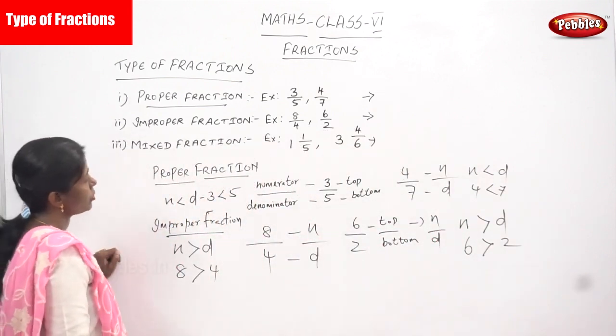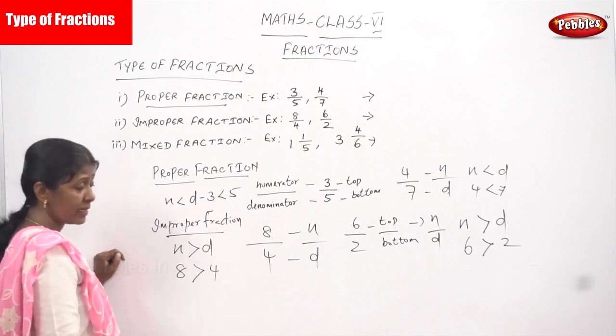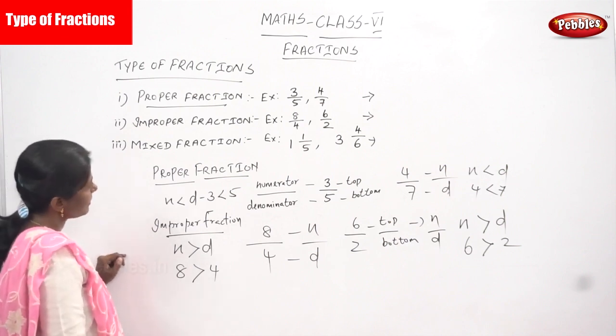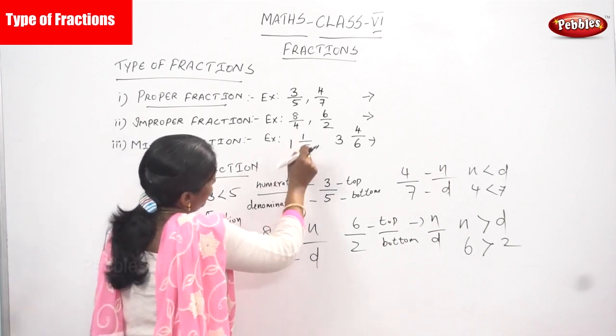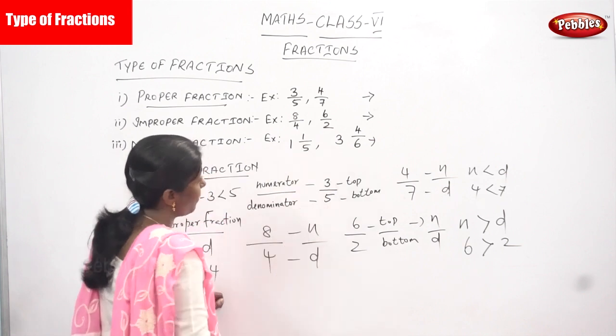The last one we are going to see is mixed fraction. Examples are 1 and 1 by 5, and 3 and 4 by 6.